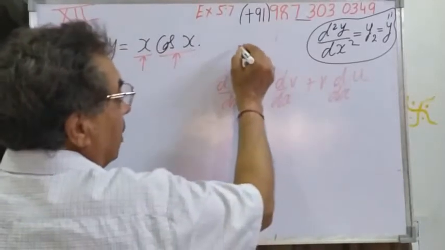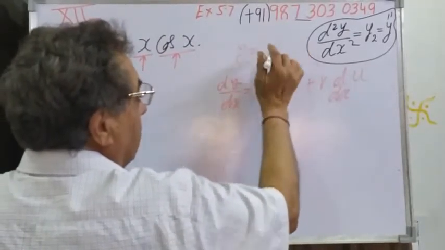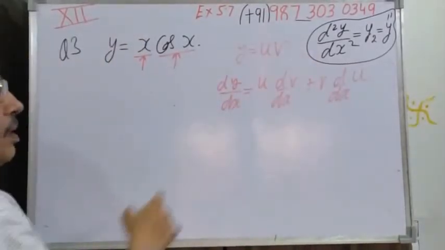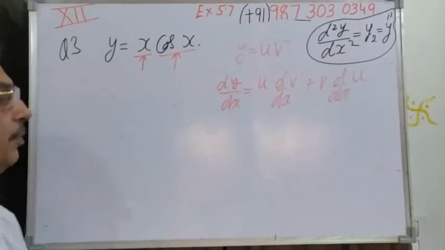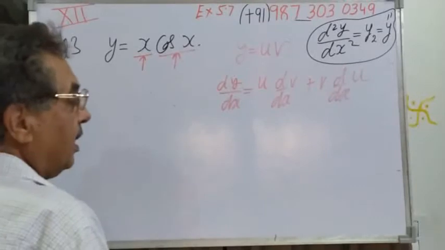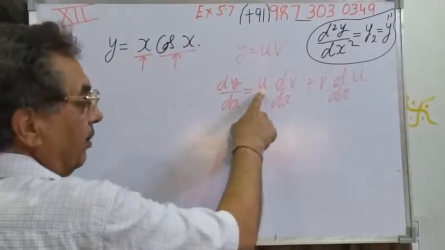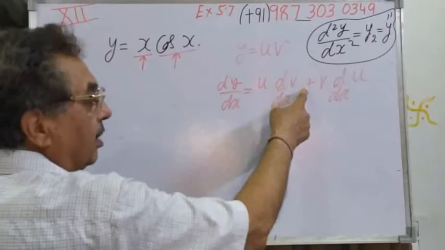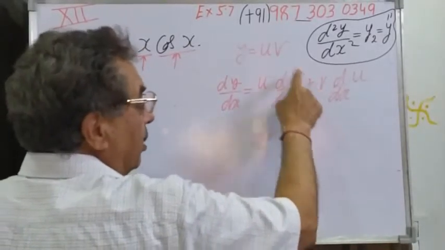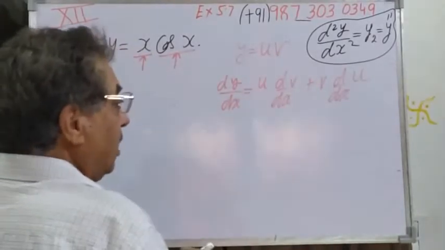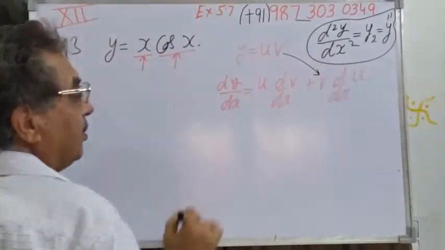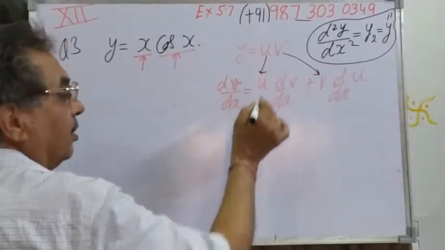First write any one of the functions into the derivative of the second, then plus the second function as it is into the derivative of the other.